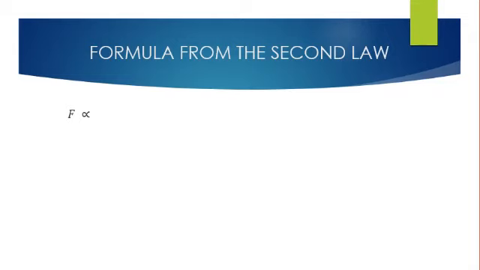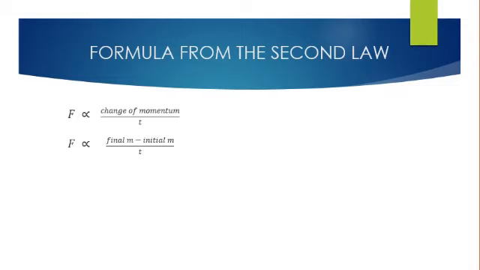Now, there's the word rate in the definition of the second law of motion. That word rate simply tells us the change of momentum will be divided by time. And how do we get change? We subtract the initial from the final. So simply, force is directly proportional to the final momentum minus the initial momentum, divided by time.